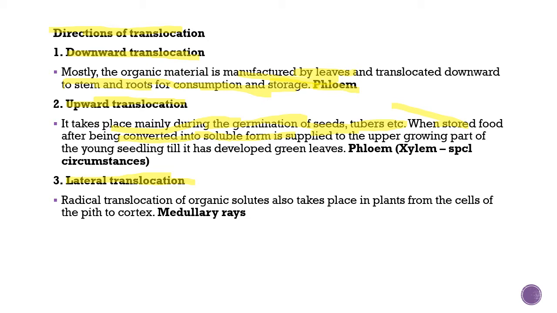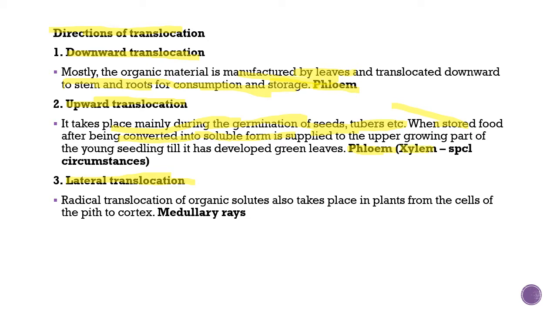As we all know, photosynthesis needs chlorophyll, and chlorophyll is present only in green leaves. So in the seedling stage the green leaves are still maturing. In that scenario, upward translocation can be seen, and this translocation is also facilitated by phloem vessels, and under some special circumstances it can also happen through xylem vessels.